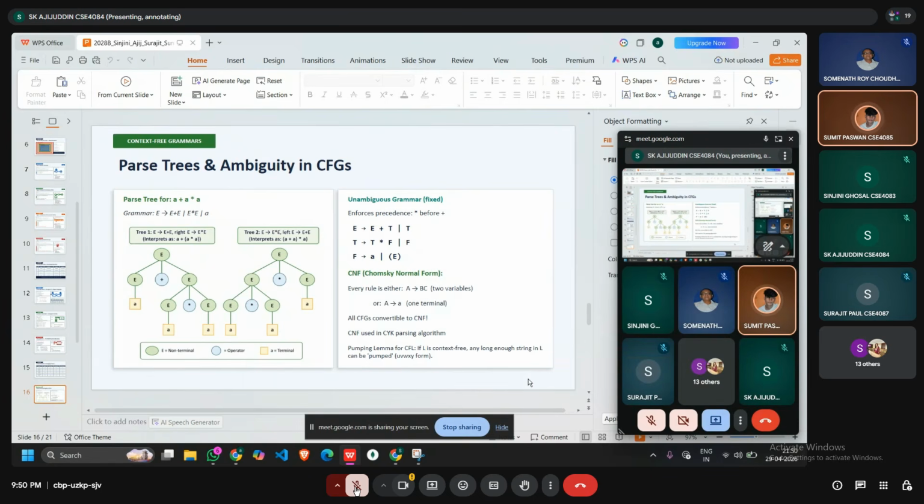Every rule is either A → two variables or A → one terminal. All CFGs are convertible to CNF. CNF is used in the CYK parsing algorithm. Pumping lemma for CFL: if L is context free, any long enough string in L can be pumped. Next slide please.